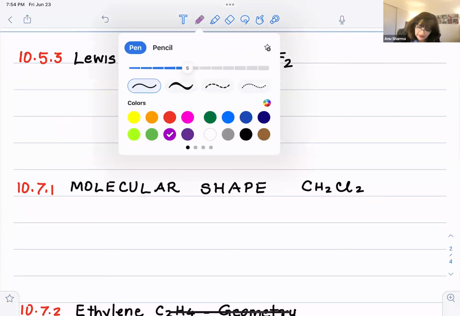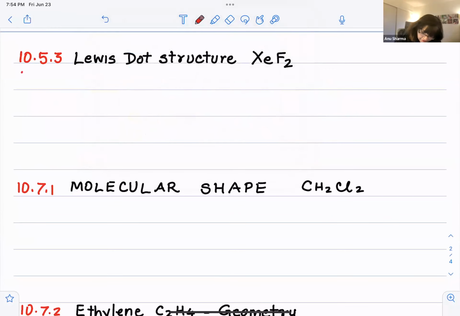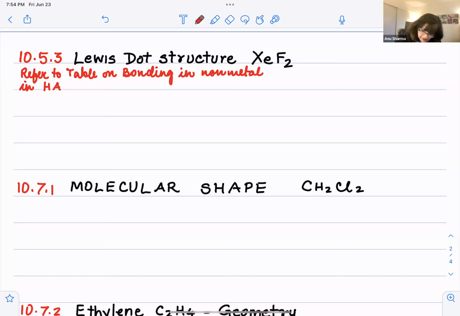And again, refer to the table on bonding in non-metals in the handout. There you will see that xenon can make 2, 4, and 6 bonds.